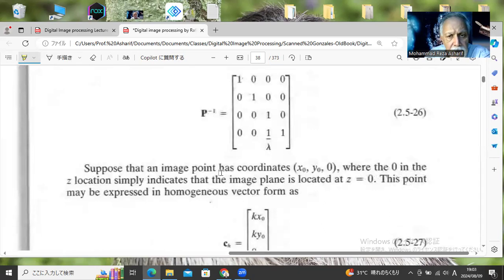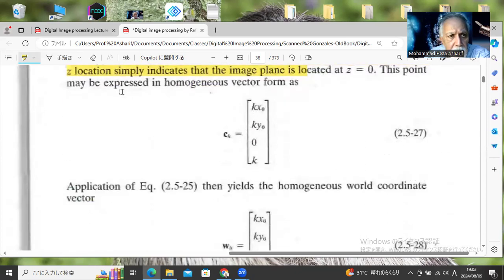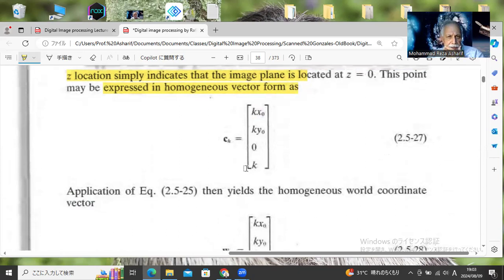And suppose that the coordinate x0, y0, z0 for the image point, and 0 is the location of the z, of course, because z is 0. The homogeneous coordinate is obtained like this, and then ch becomes kx0, ky0, and k.